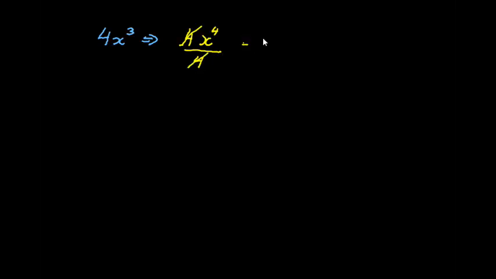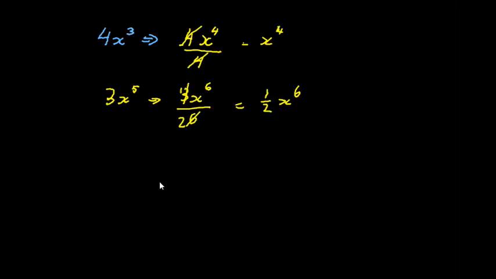They cancel and I get x to the 4. And one last one, if we have 3x to the 5, I'm going to add 1 to the power and now divide it by the new power. As you can see, we have a common factor, so it's 1/2 x to the 6. So that's essentially the steps to finding antiderivatives.